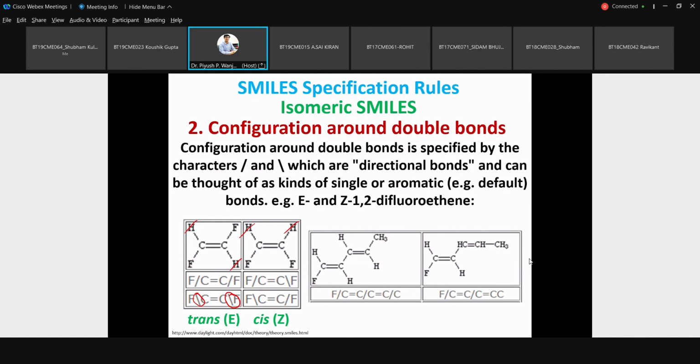If one has the connection like this in the trans form, that is correct. But if one is considered in the opposite way, the other should also be represented in the same way to represent the trans form.